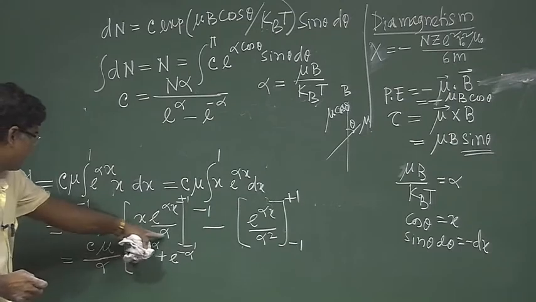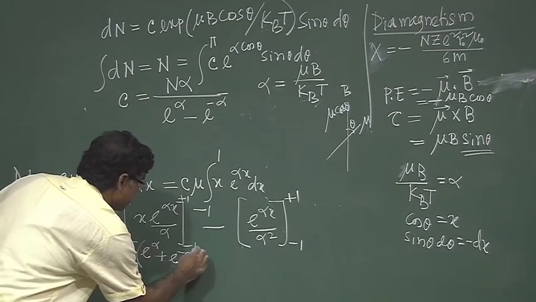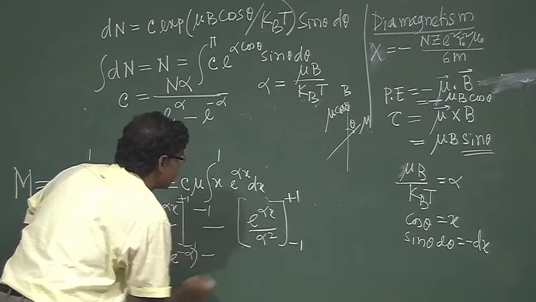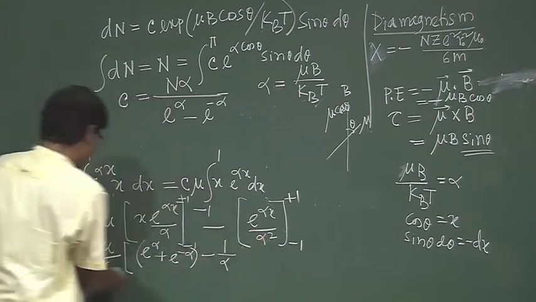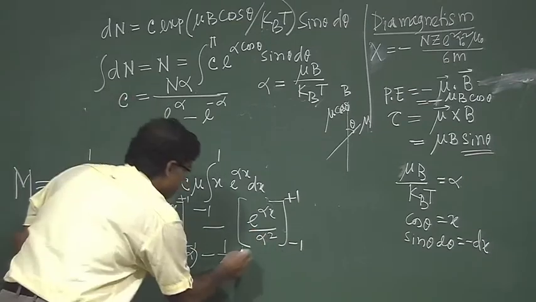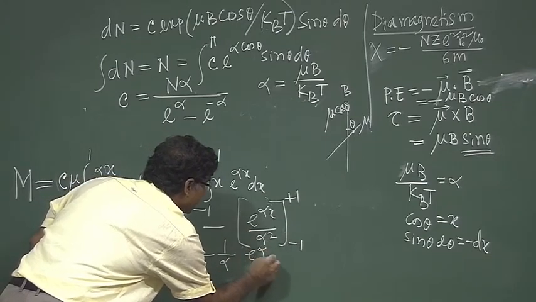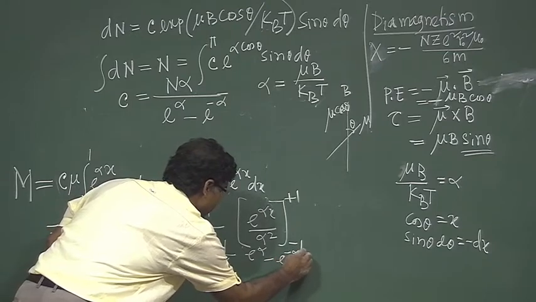Alpha I have taken out. So, this will give me this value, and minus 1 by alpha, because this alpha I have taken out, times e to the power alpha minus e to the power minus alpha.